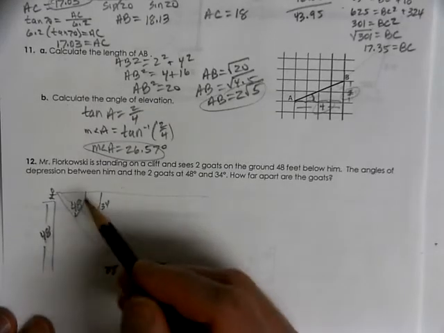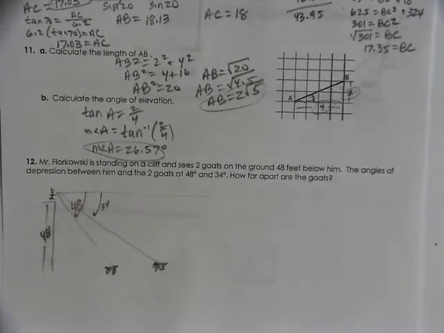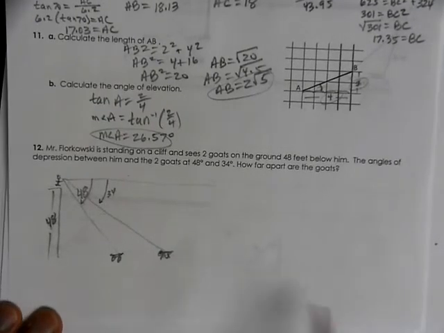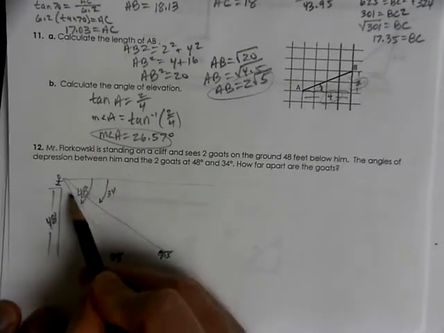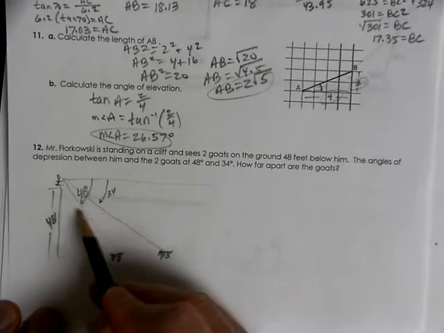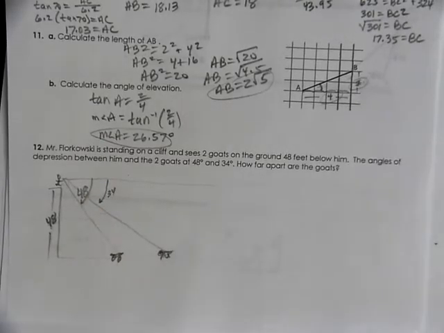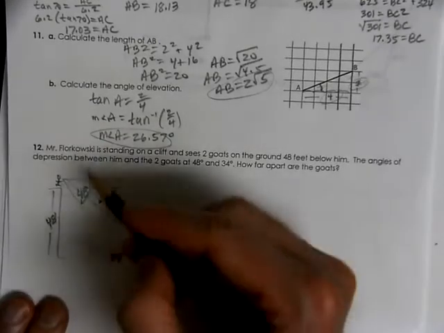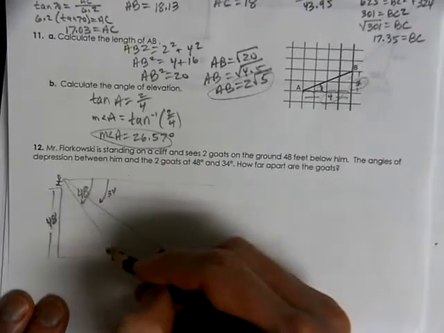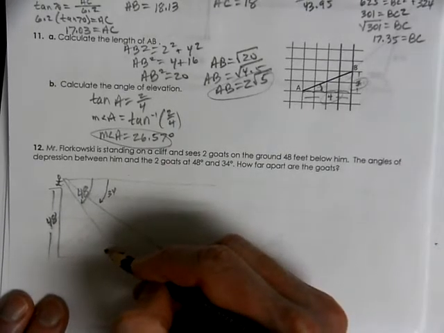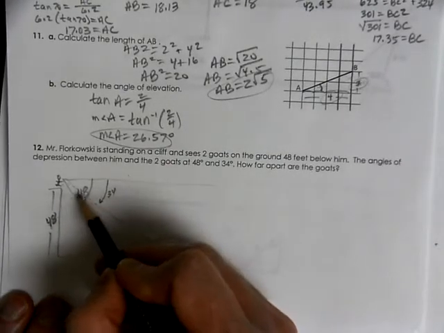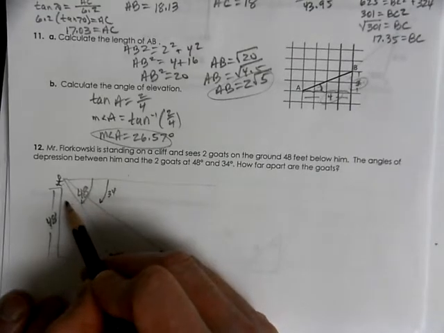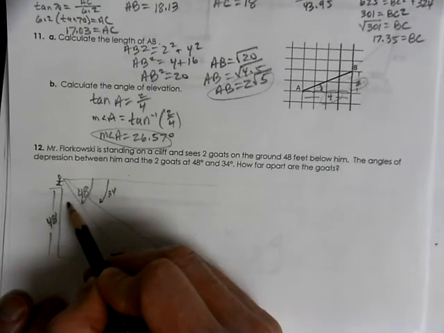If that's 48, how do you want to make your triangle? You want to make your triangle here. The 48 is not in the triangle. You could call it alternate interior if you want to call this your 48, or you can do 90 minus the 48, 42, and figure out that angle.